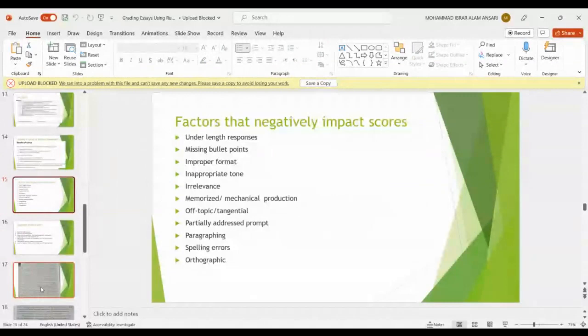So while grading our papers, we need to keep in mind, of course, the performance statements given in the rubric or rating scale, but we also need to look at any major areas, major problems that might prevent a good score. And these are some of the major areas where students are marked down.